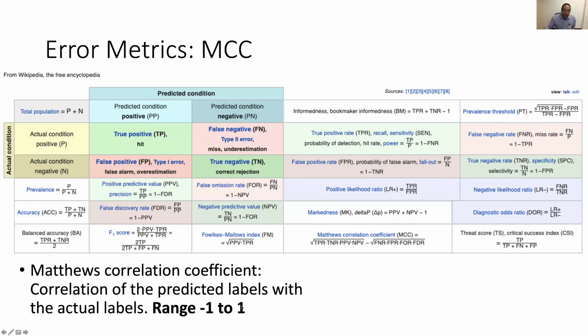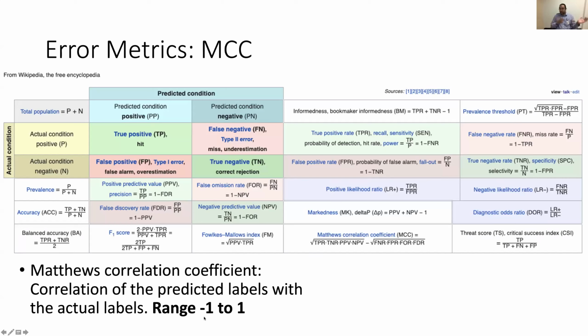So when your prediction and the true labels are always the same, it has 100% correlation, the value is 1, right? And in the worst case scenario, every time the actual value is case, you say control, the opposite, so it has a minimum value of -1.